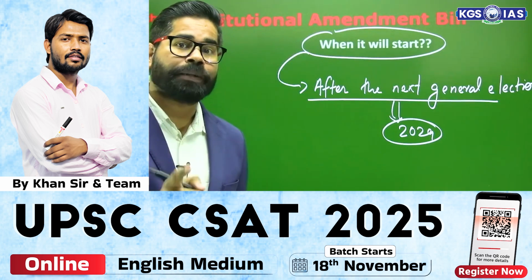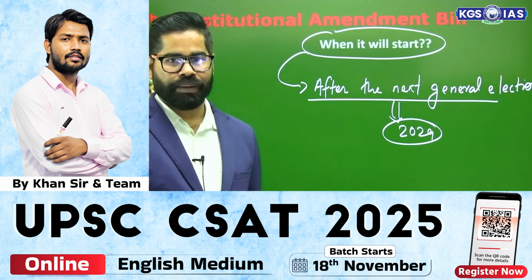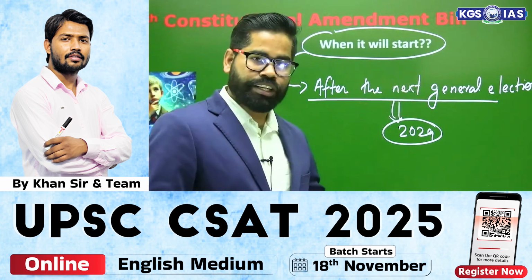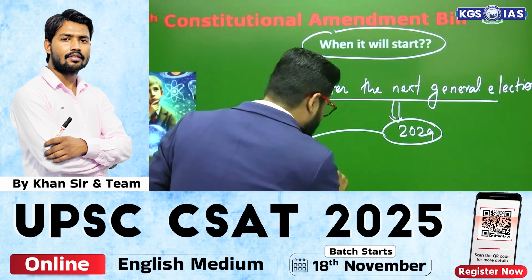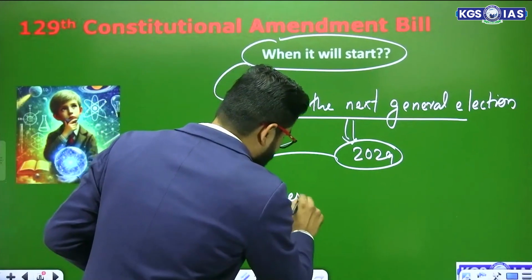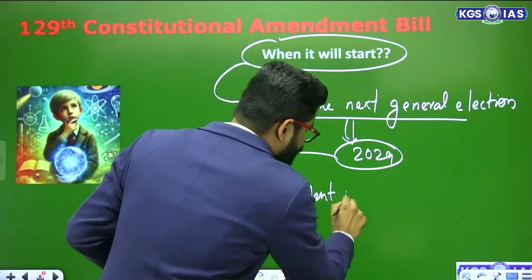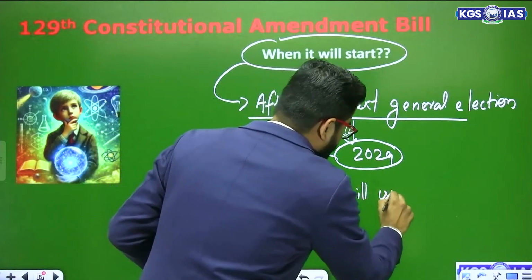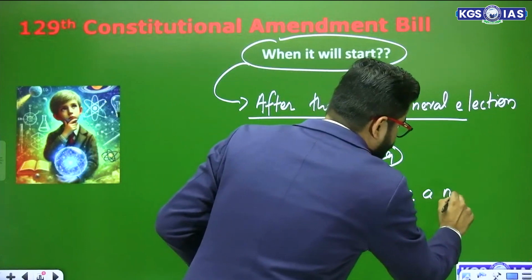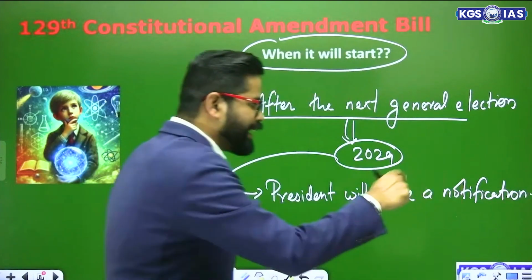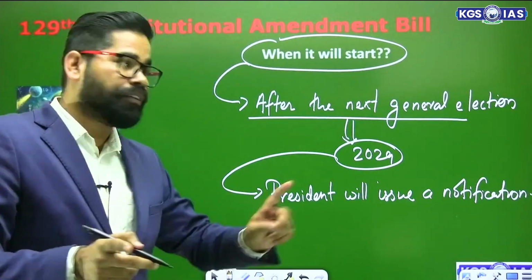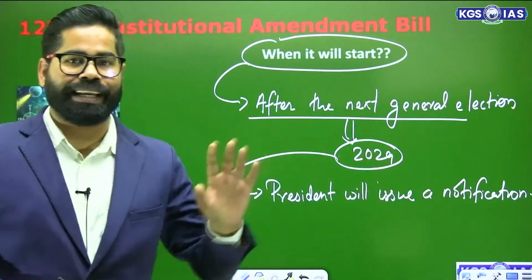But this will not be a simultaneous election. After the next general election, that is 2029, the President will issue a notification.